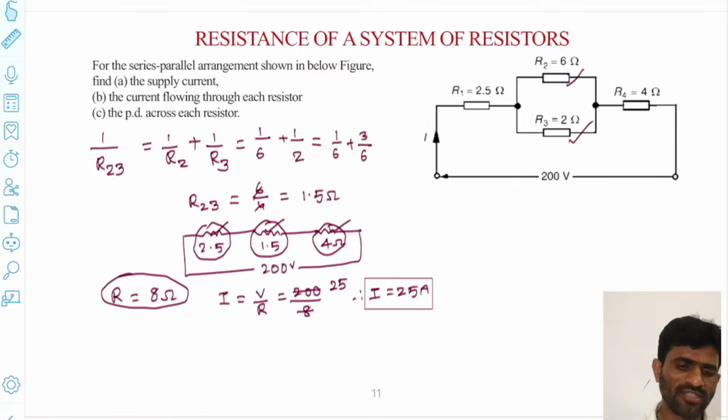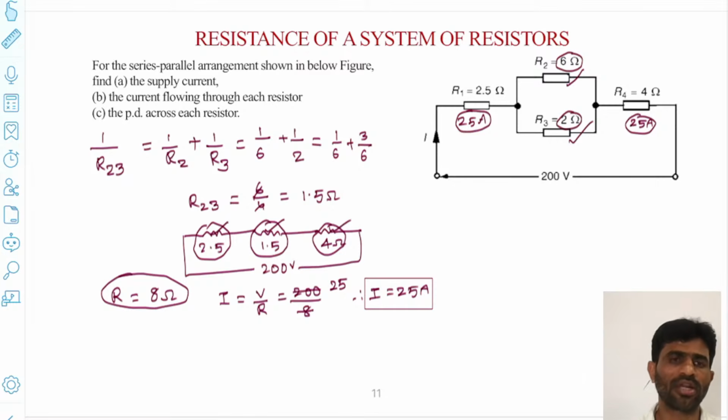So here you should understand one thing. The current across R1 will be 25 amperes only, and the current across the 4 ohms is also 25 amperes only, because these two are connected in series. Now we have to find the current across this 6 ohms and this 2 ohms, because they are connected in parallel.